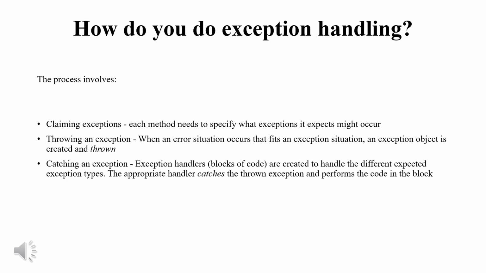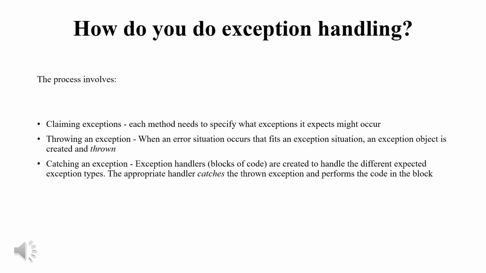The first step is claiming the exceptions. What does it mean by claiming exceptions? It means for each method, we need to specify what exceptions may happen, right? What are the exceptions for that method?